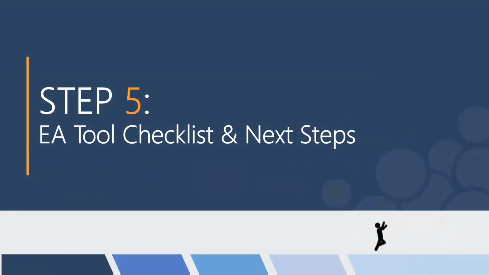Okay, so this brings us on to our final step for delivering enterprise architecture success, and that being some useful questions for you to ask if and when you're choosing an enterprise architecture tool to support your current practice. And we're not saying here that an enterprise architecture tool is going to solve all of your problems. It won't.